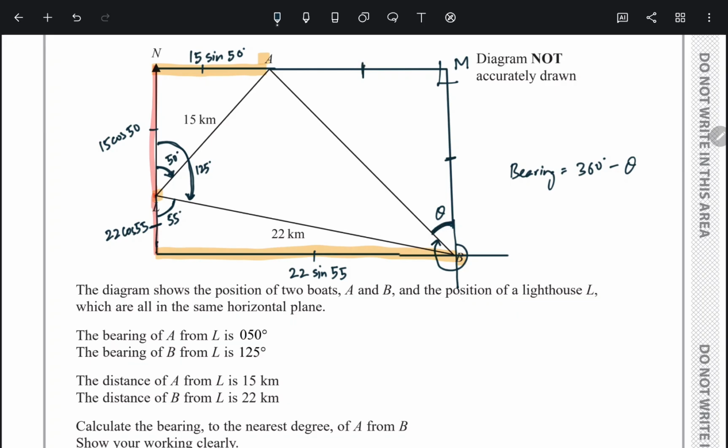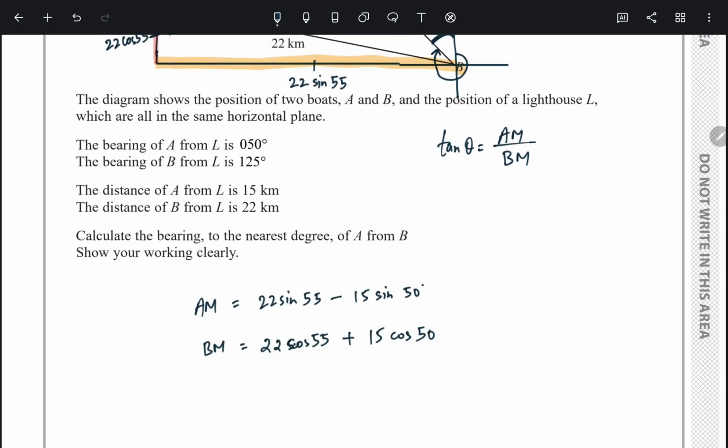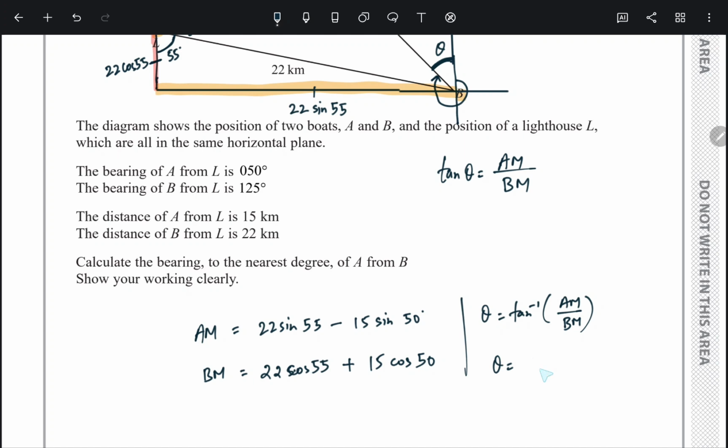The angle theta: tan theta is going to be opposite by adjacent. Opposite is AM, adjacent is BM, and so we get theta equals tan inverse AM by BM, and so theta comes out to be 16.35 degrees.